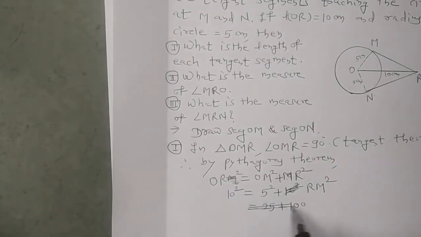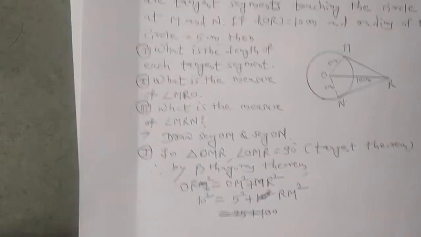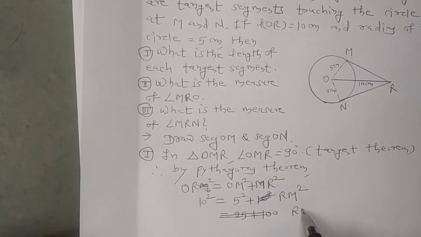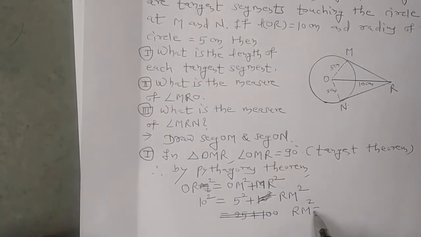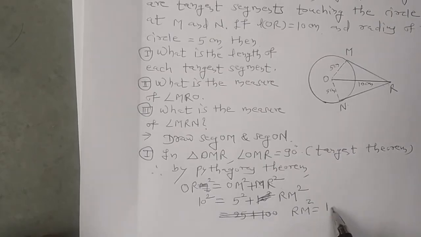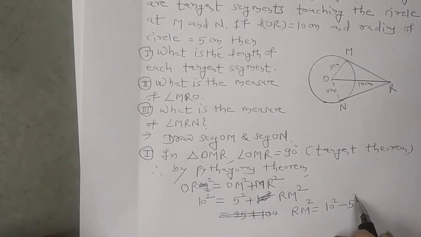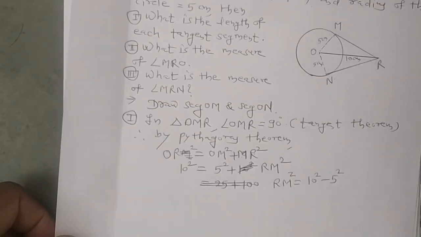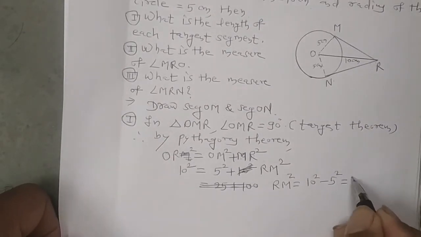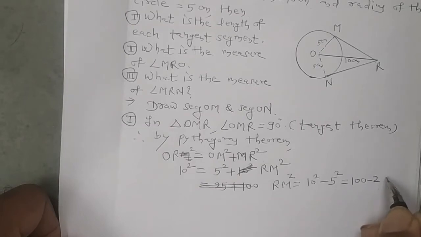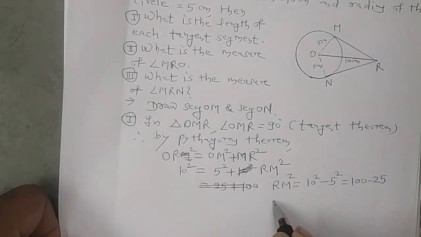Therefore, now we cancel this. Therefore, RM square is equal to 10 square, plus becomes minus 5 square, is equal to 10 square is 100 minus 5 square is 25.